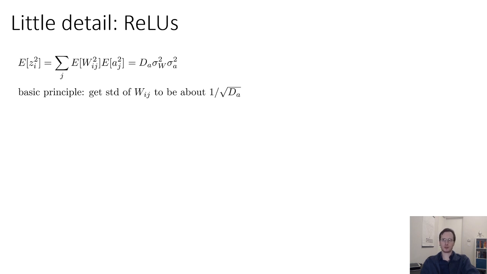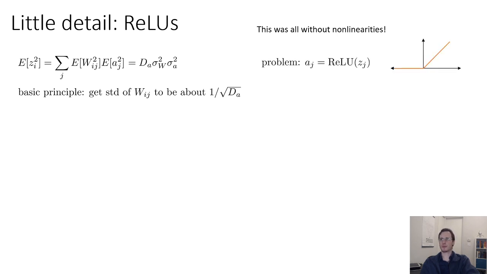One very commonly used nonlinear function is the rectified linear unit. Deeper networks will almost always use ReLUs because they're much better behaved than sigmoids. The problem is that the ReLU will zero out many of our activations.